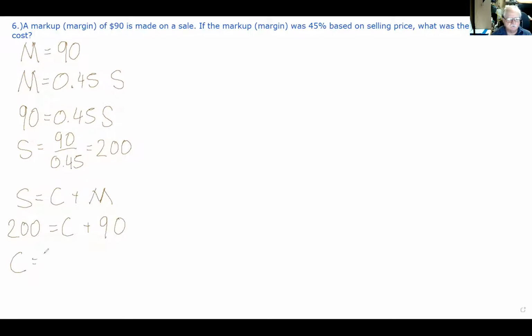So cost must equal 200 minus 90, which I'm going to take a big chance here and say it's 110. So that's what they wanted you to do there. Not quite sure why they wanted you to do that, but that's what they wanted. Let's see what other nonsense they can inflict on us here.